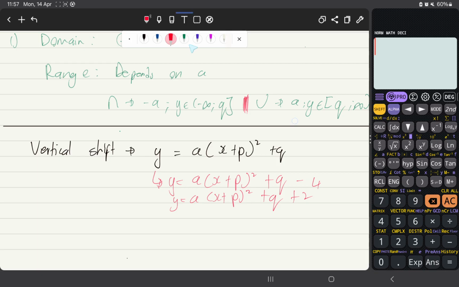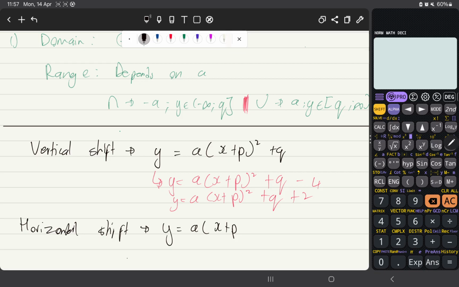As for the horizontal shift, it's gonna be a little bit different. They tell you that your graph had shifted 4 units to the right. So here, y equals a(x plus p).